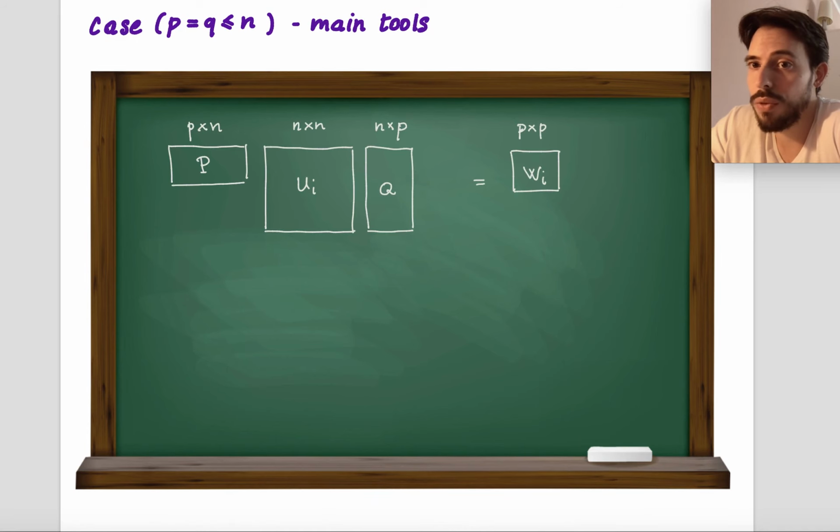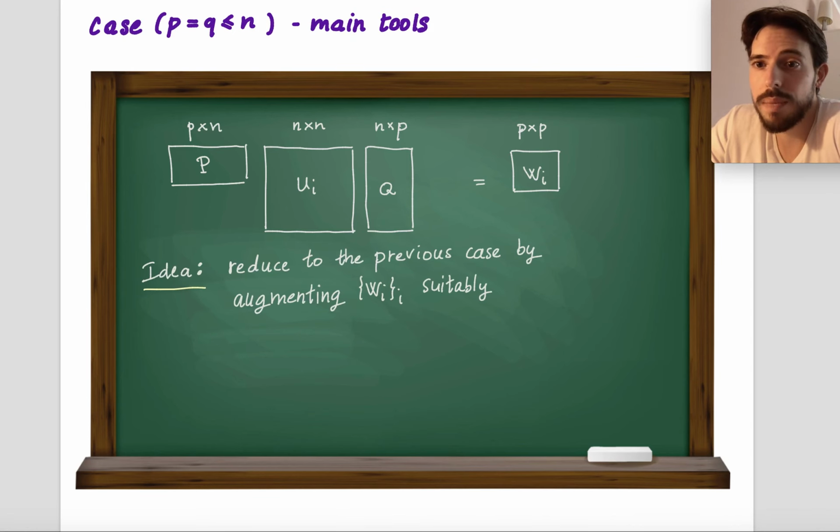That means, according to the following sketch, we obtain product matrices Wi, which are square matrices of size P. Here our idea is to reduce it to the previous case and then use the previous algorithm to reveal the diagonal entries of Ui.